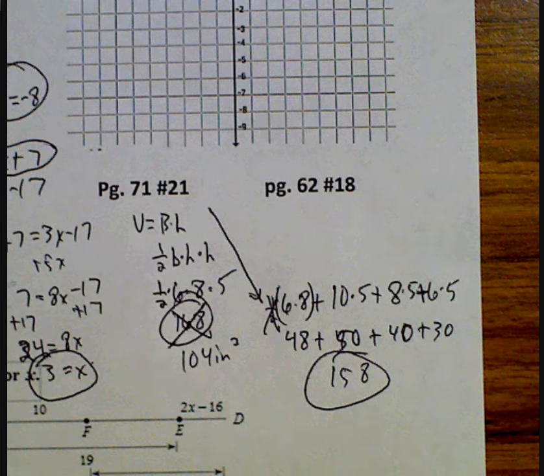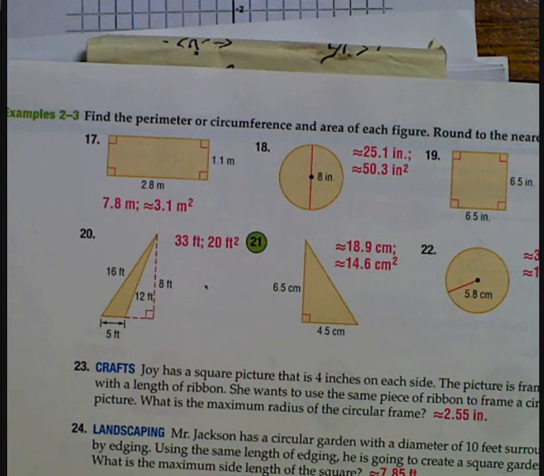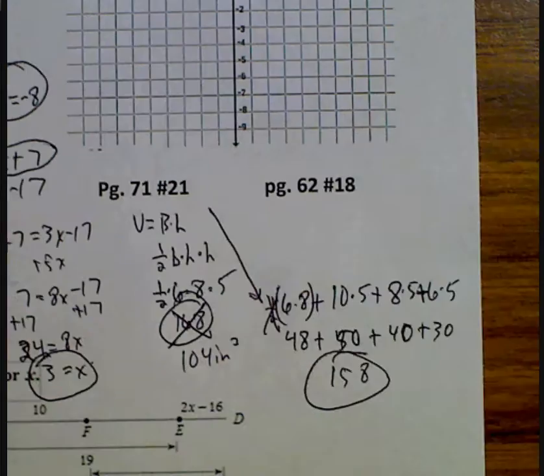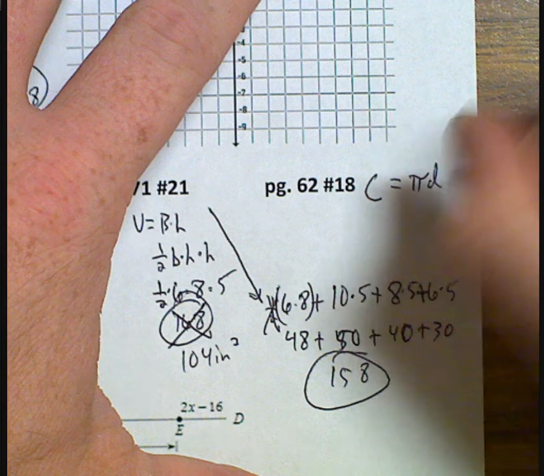Page 62, number 18. They give me a circle and they say find the circumference and area. For the circumference of a circle, I'm going to use pi d.